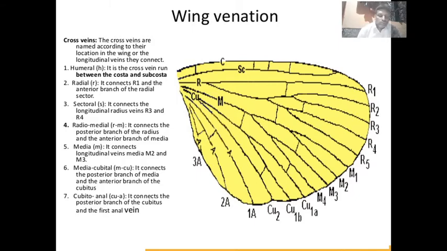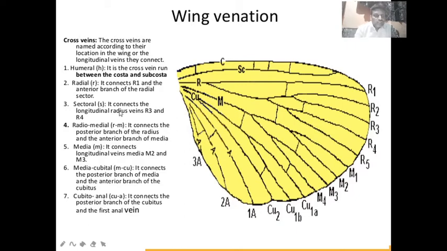You can see these are called humeral veins. Number two, radial veins connect the branches of R1 with its other sectors: R1 with R2, R2 with R3, R3 with R4. These cross veins are called radial veins.